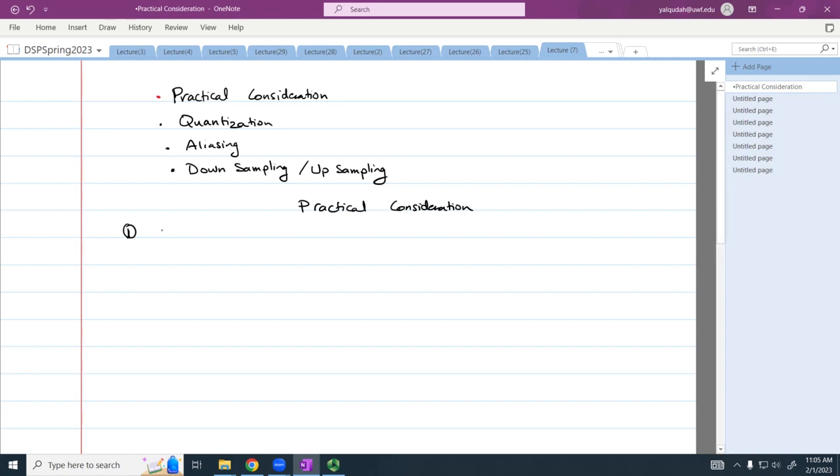So when the input signal is not band limited to frequency FM hertz, the solution is to use an anti-aliasing filter.